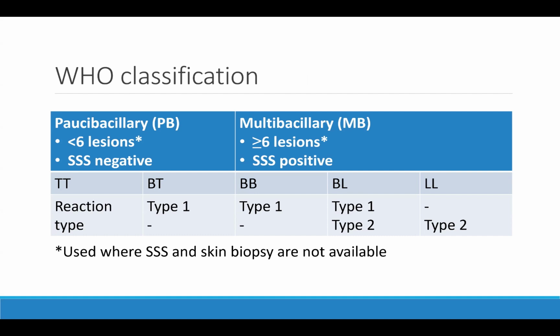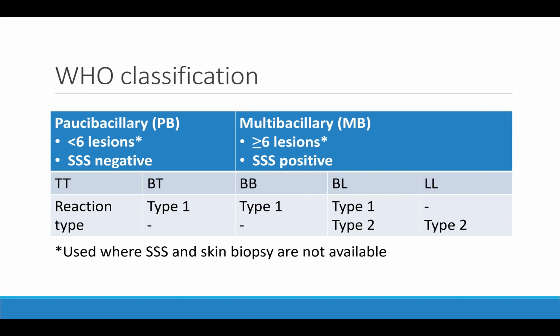In the paucibacillary or PB type, where slit skin smear and skin biopsy are not available, often they use the lesion counts as a criterion, and here there are less than 6 lesions and slit skin smear is negative. In the older Ridley-Joplin classification, this usually covers the TT and the BT types, and in the BT type, you can have a type 1 reaction.